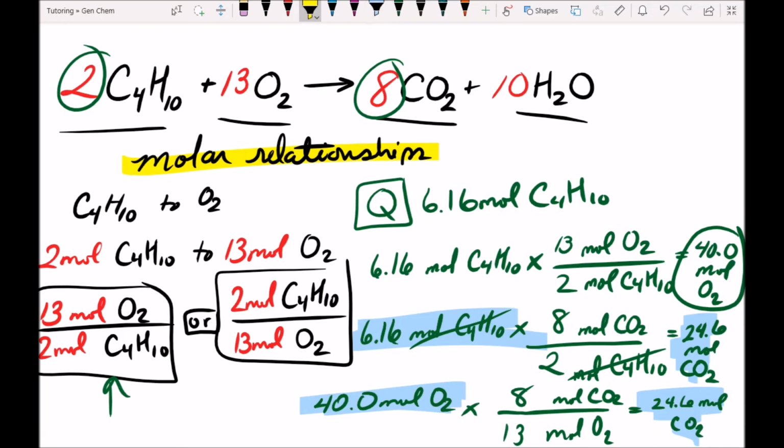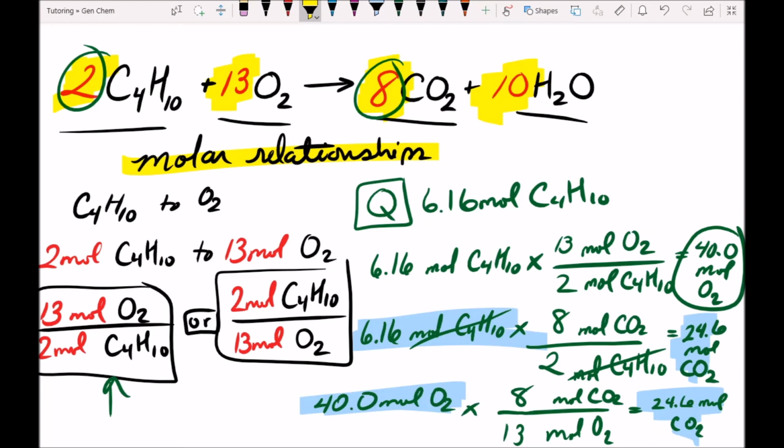And it's because we have the coefficients in our balanced chemical equation, and those coefficients are the molar relationships between these compounds that enable us to calculate the amount of products produced from a given number of moles of butane or oxygen.